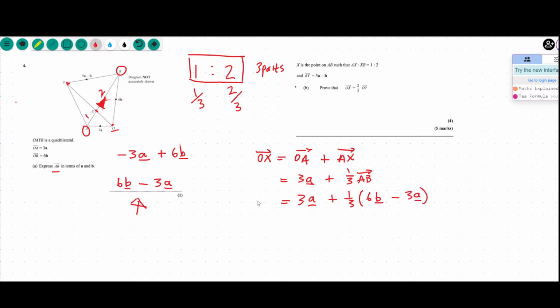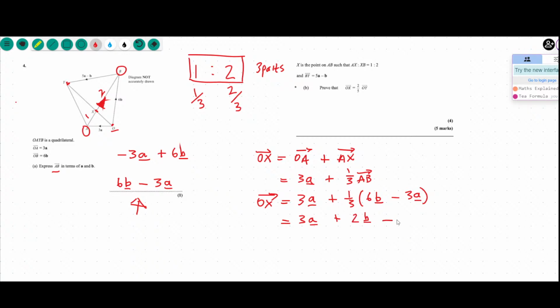That looks great. So this is OX, and it's the first part, but it's not tidy. Traditionally, you just want 1a and 1b, so we're going to have to expand those brackets and simplify. So 1/3 of 6 is 2.